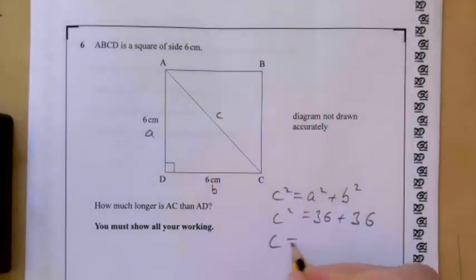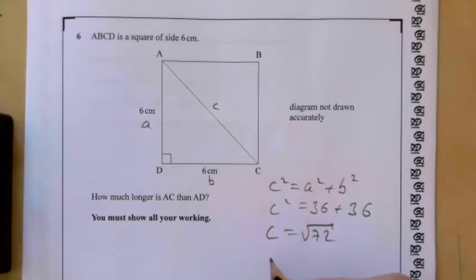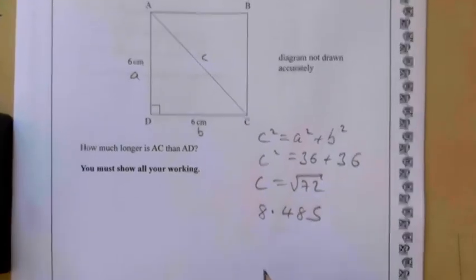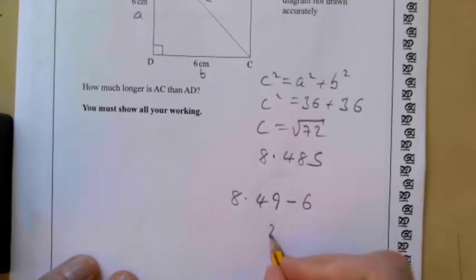So C squared is going to be, add those two together, 72. We want the square root of 72. So our side then is 8.485. How much longer is one than the other? So we can go to two decimal places here then. 8.49 take away 6 is then going to be 2.49 centimeters.